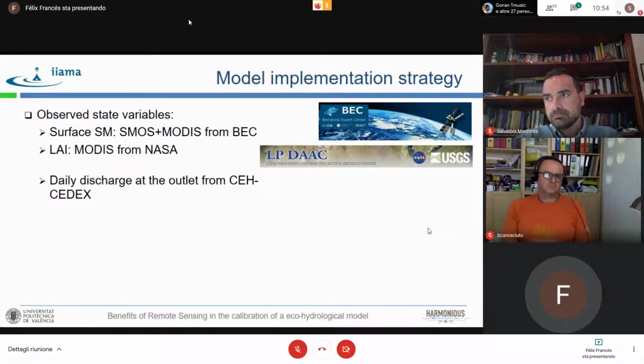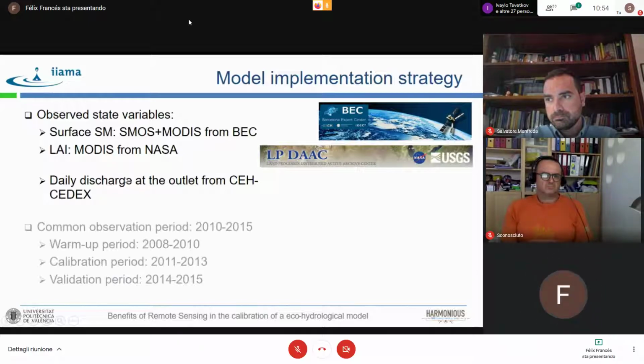For observed state variables, in the case of the surface soil moisture, we use the product from the Barcelona Expert Center. In the case of LAI, we use the product from the models from NASA. The daily discharge was from a Spanish database that you can access directly from the web for daily time step.